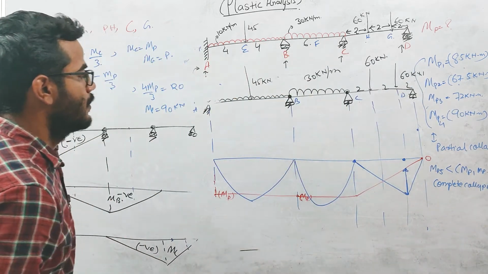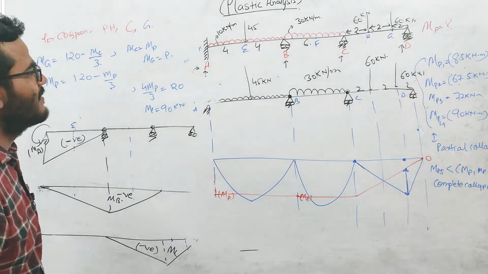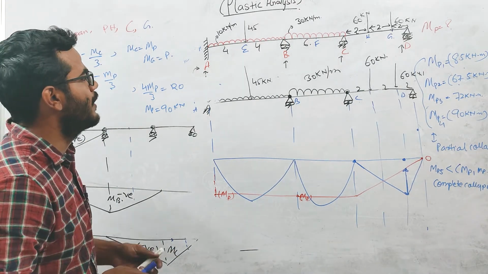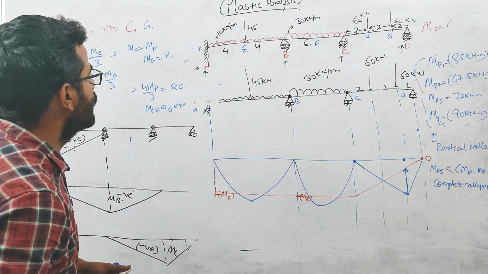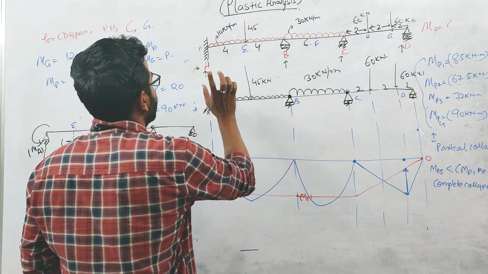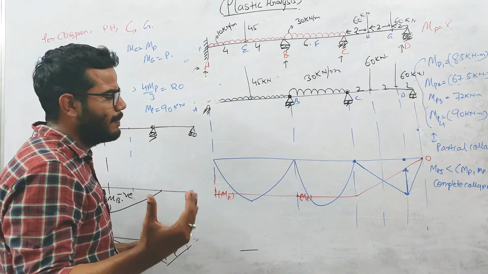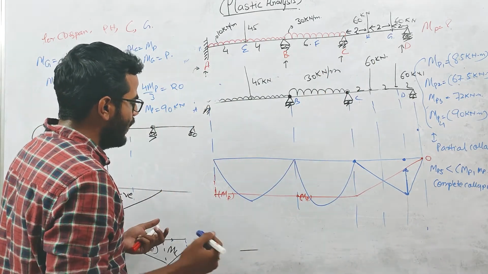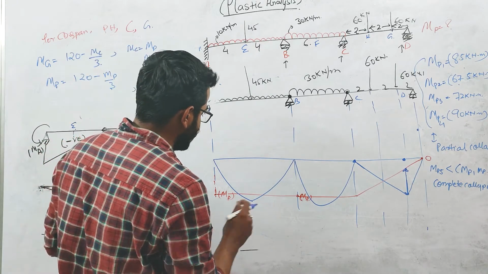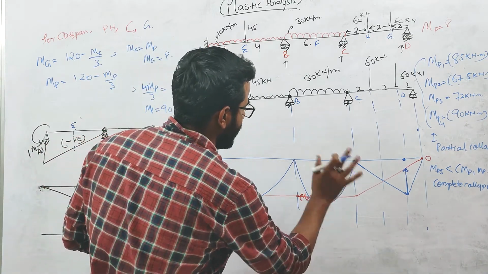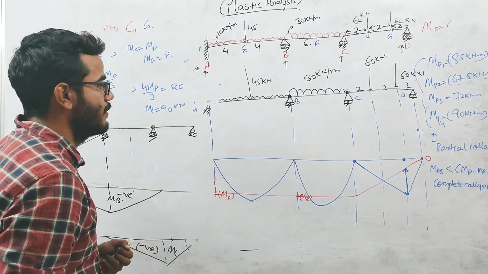As you can see, if you analyze this structure, the moment will be maximum at these critical points: this A, this B and this C. At these points the plastic hinge will definitely form.